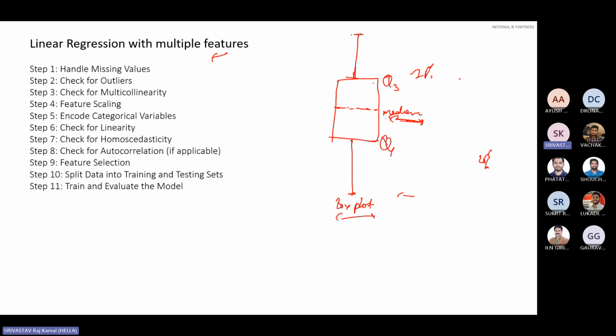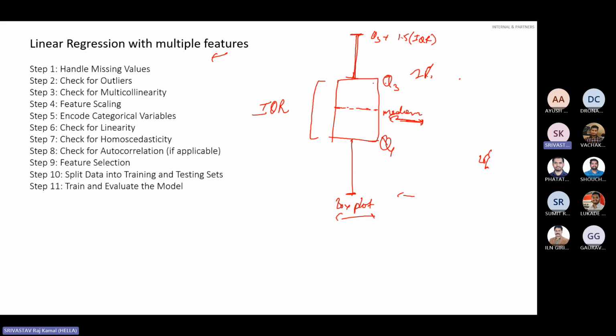After that, we have a whisker. The range Q3 minus Q1 is known as the interquantile range, IQR. And this value is known as quantile 3 plus 1.5 of IQR.